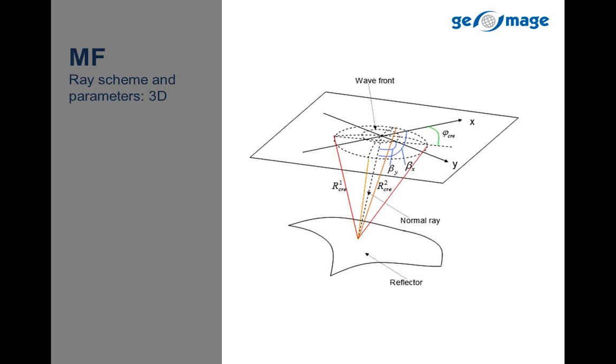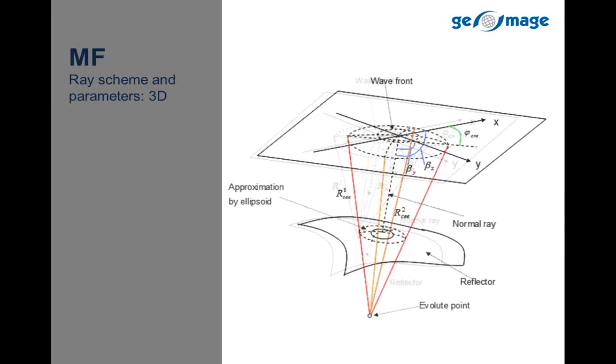along the x direction, radius of curvature along the x direction, along the y direction, and the mixed derivative, radius x,y, for the normal incident point, and for the normal wave, 3 parameters. So in total we have 8 parameters.